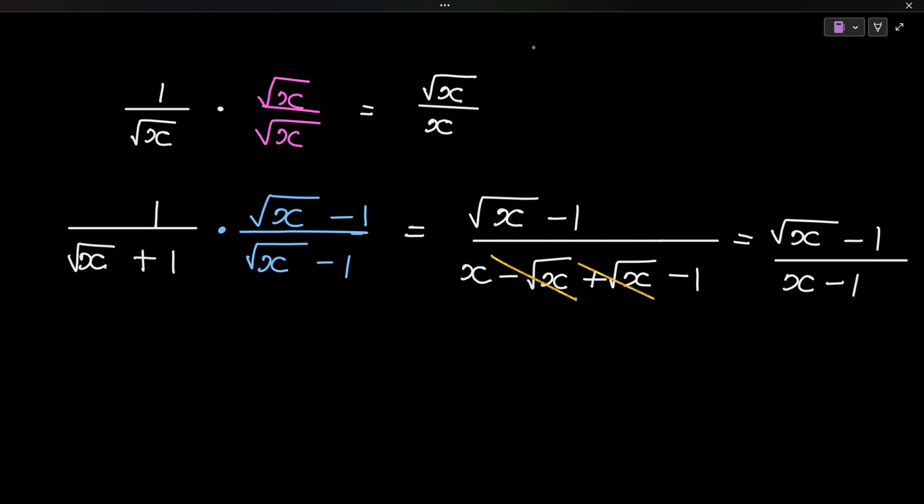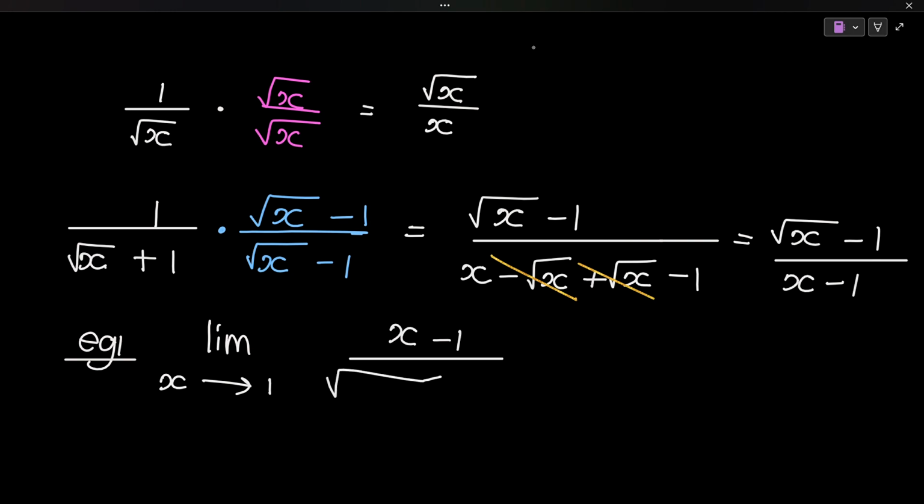Now, let's apply this to an example. So, say that we have the limit as x approaches positive 1 for x minus 1 all over the square root of x squared plus 24 minus 5.